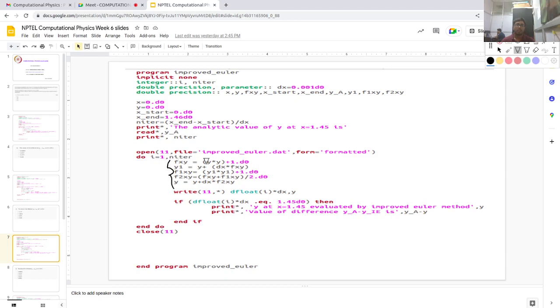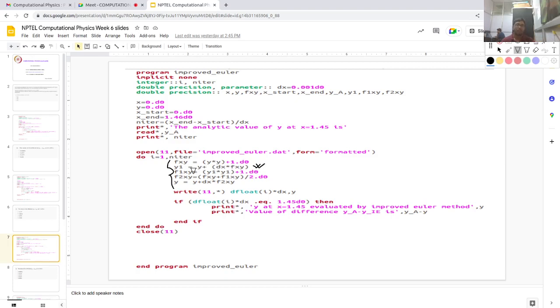So everything is similar to the initial two programs, just the changes here. You see, if f(x,y) is given as per the problem, that y1 plus y square, then I am going to get this y1 like that, and assign that one. See here, I am not going to multiply this by 0.5 or 1 by 2. So here I am evaluating the slope at a value which is x plus h, not x plus h by 2.